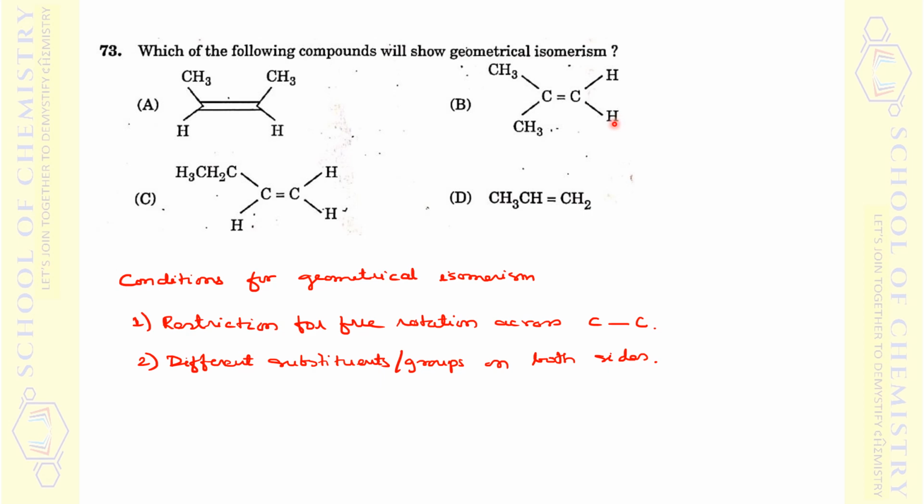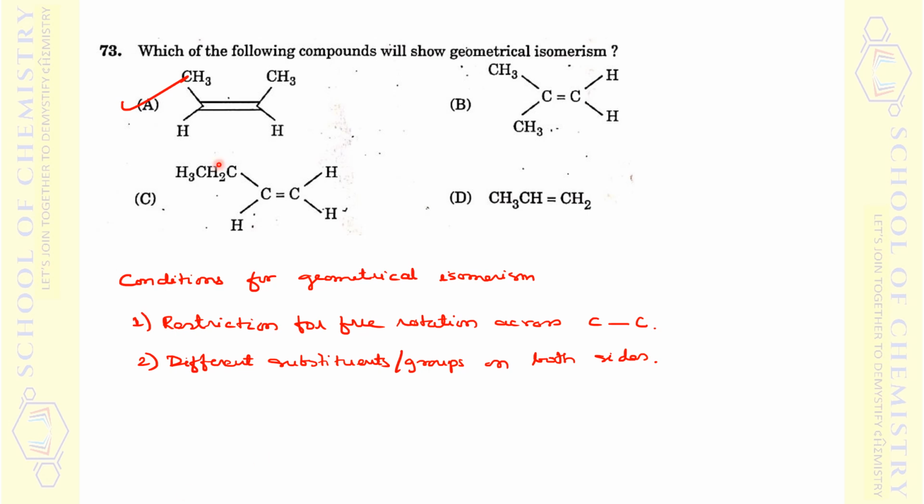In such a scenario, geometrical isomerism or cis-trans isomerism will not be possible. Even if you expand it here, CH2 will be just like this. So both groups are hydrogens, and geometrical isomerism will not be possible. Here also the same thing, both groups are hydrogens, or the same groups are present on one carbon atom. So geometrical isomerism should be possible only in this particular option, option A.